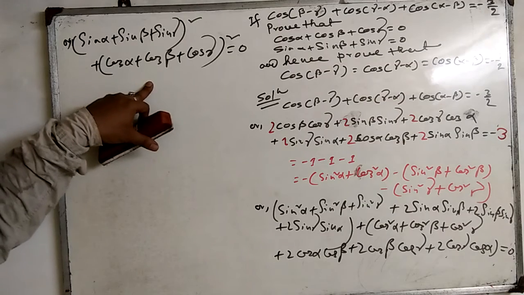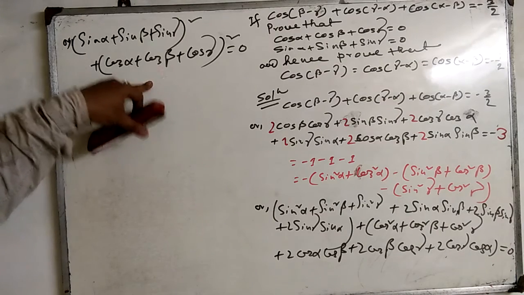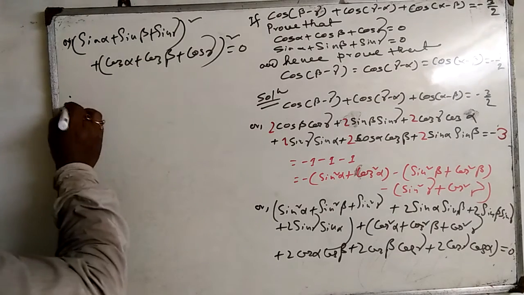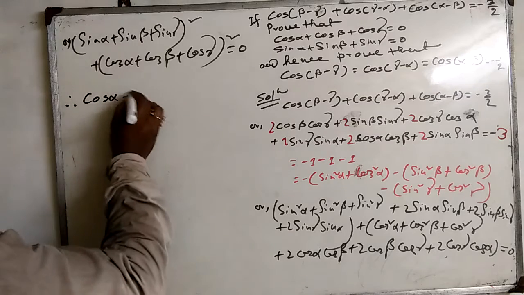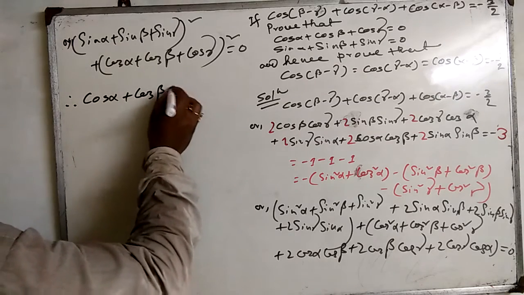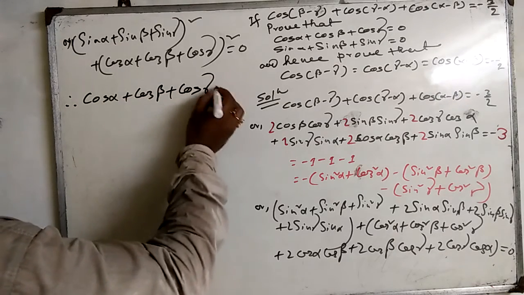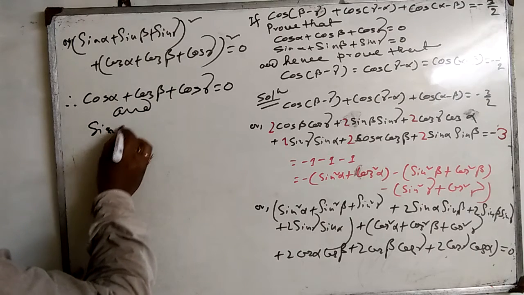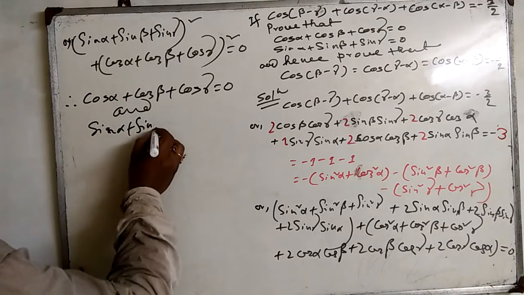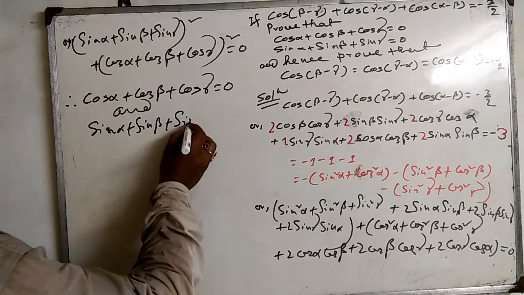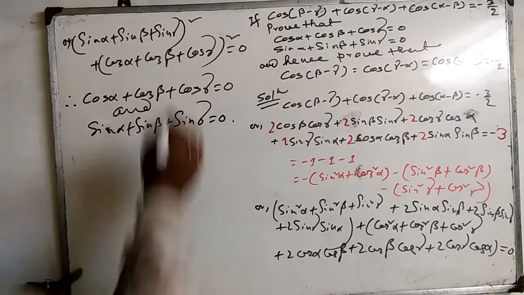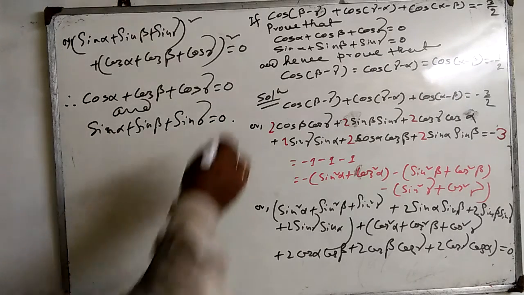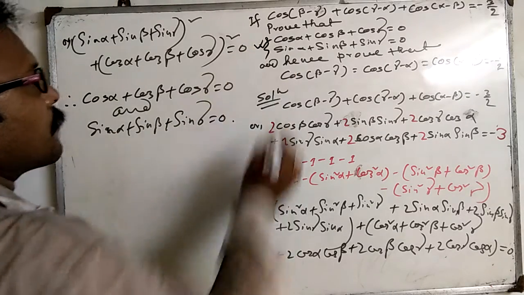Sum of the two square terms is 0. That means individually they will be 0. Therefore, we can write cos alpha plus cos beta plus cos gamma equals 0 and sin alpha plus sin beta plus sin gamma equals 0. The first part will be proved here.